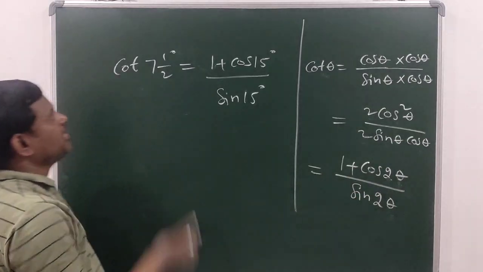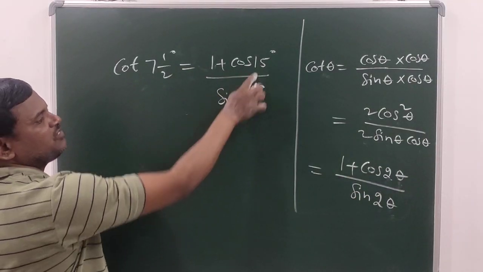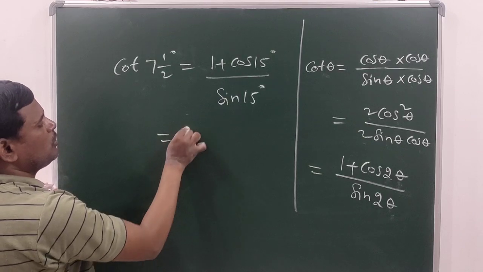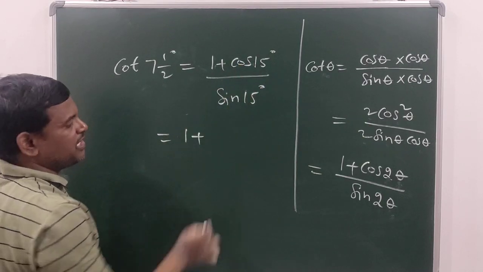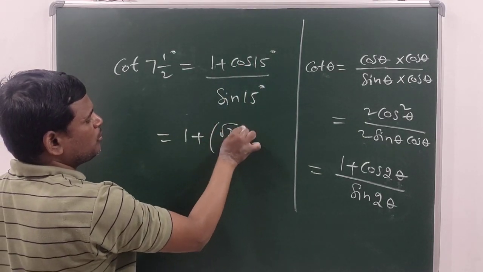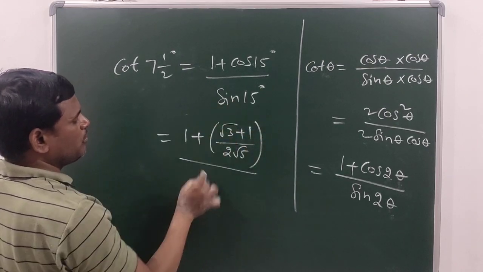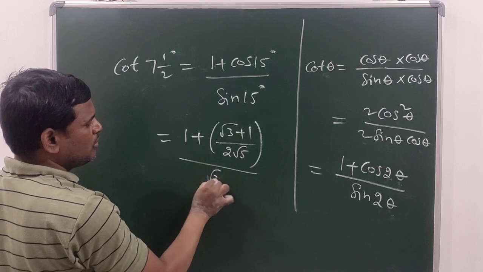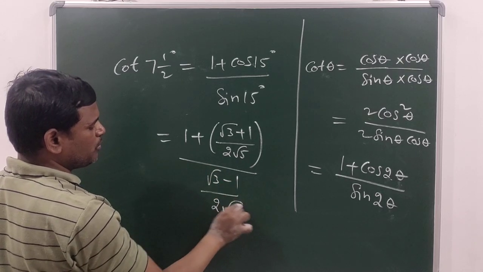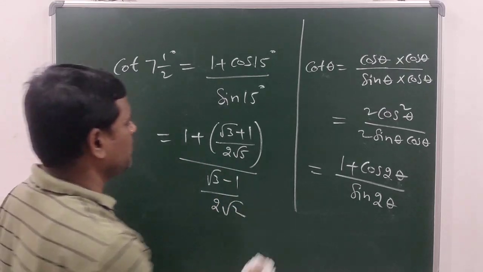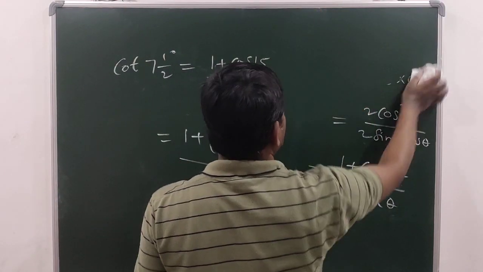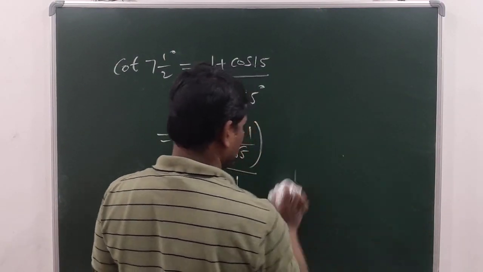Here 7.5 is there; when you go to the RHS, 15 will come. You know this cos 15 degrees: root 3 plus 1 by 2 root 2. Coming to the bottom, sin 15 degrees is root 3 minus 1 by 2 root 2. Now simplify this. On simplifying this, you will get the cot 7.5 degrees value.